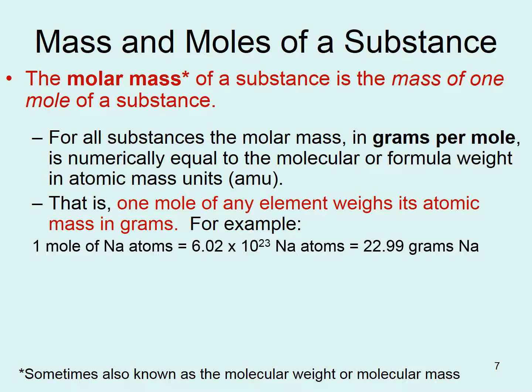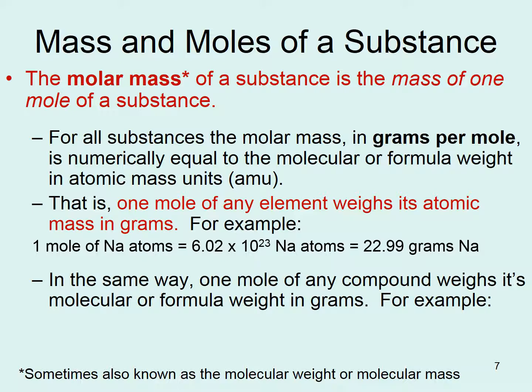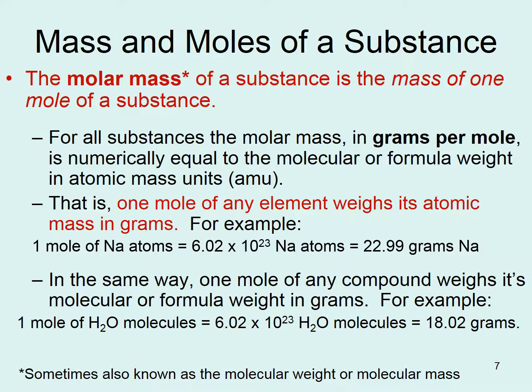So if I weighed 22.99 grams, I have 1 mole. In the same way, if you have a compound, it's equal to its molecular or formula weight in grams. So 1 mole of H2O molecules equals 6.02 times 10 to the 23rd H2O molecules equals 18.02 grams.